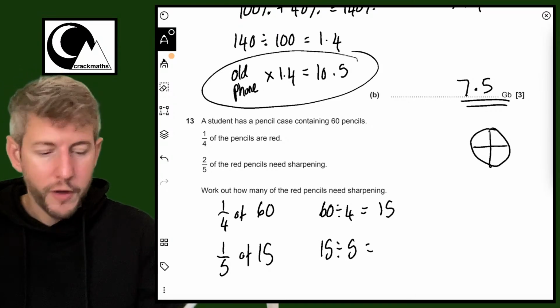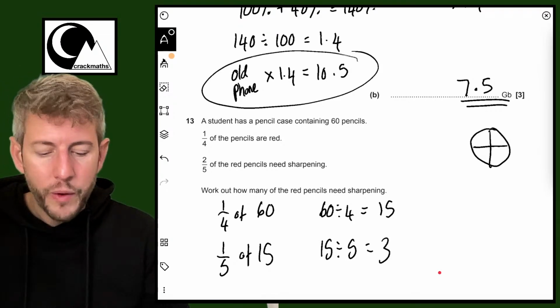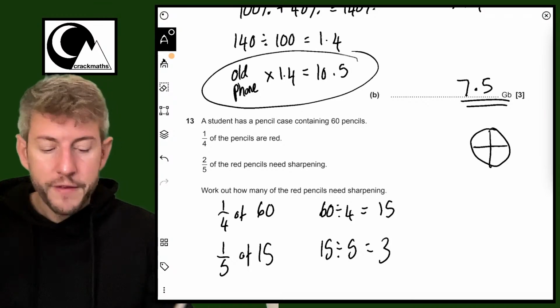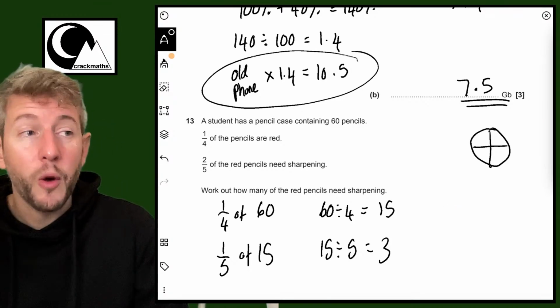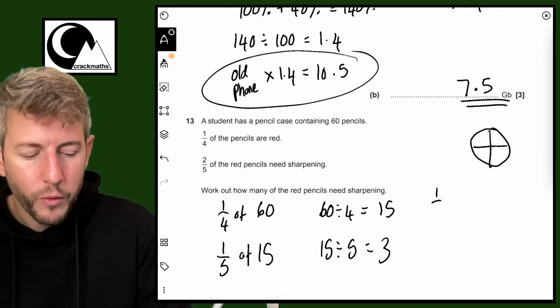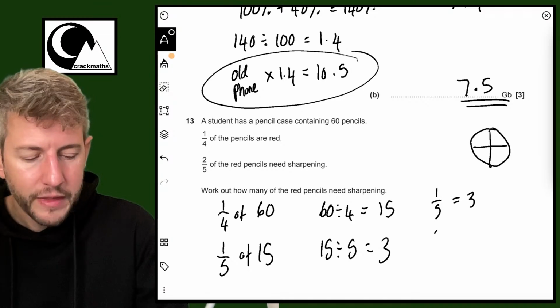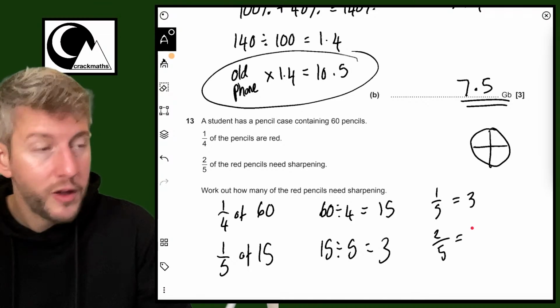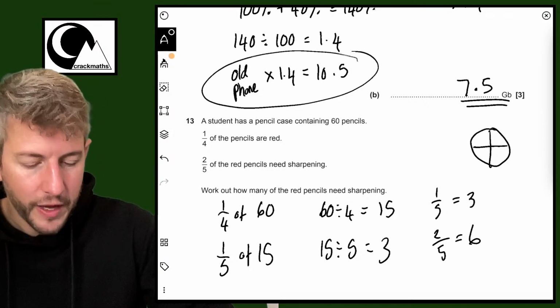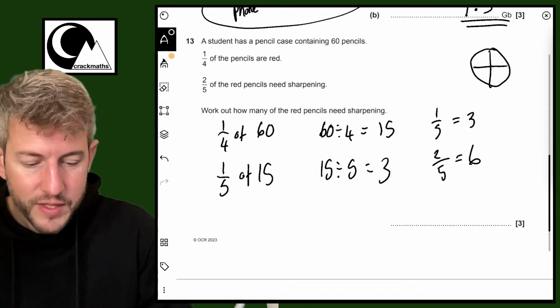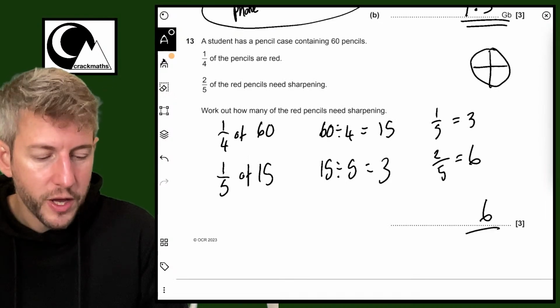Okay, 15 divided by 5 is 3. And then we want 2/5. Well, 2/5 is going to be 3 times 2, because we know that 1/5 equals 3. So 2/5 is 2 lots of that, which will be 6. So here we go, we can get our answer there. So there will be 6 pencils that need sharpening.